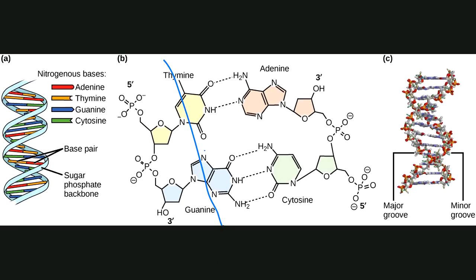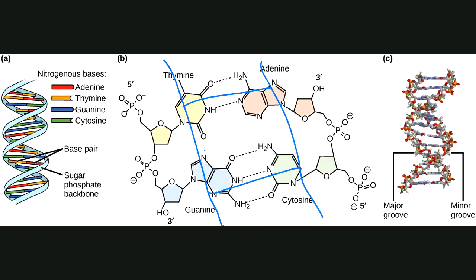Here's the other side of the ladder, and this would be like one rung, this would be like the other rung, that are holding the two sides together. And then if you took that ladder and you twisted it into a spiral, this is what you would have.